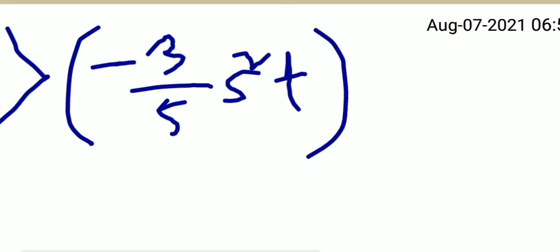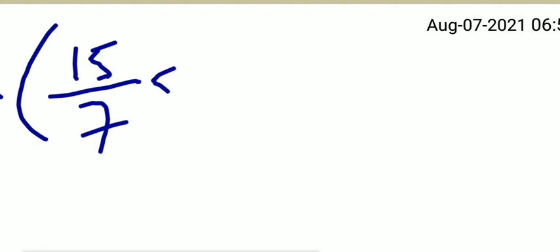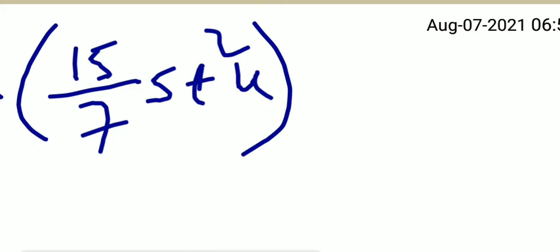Here the question tells that in a bracket minus 3 by 5 s square t, into, in another bracket 15 by 7 s t square u, and another bracket 7 by 9 s u square.